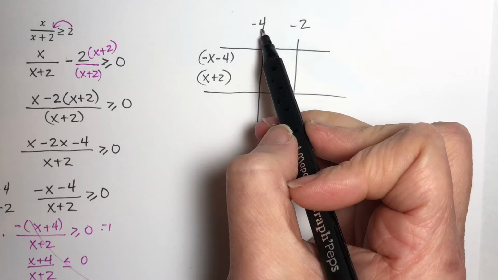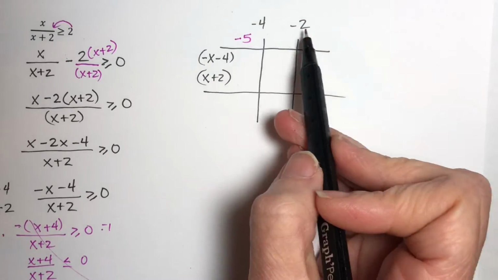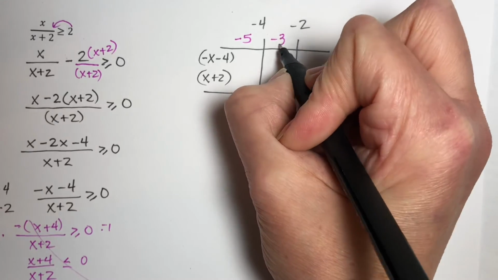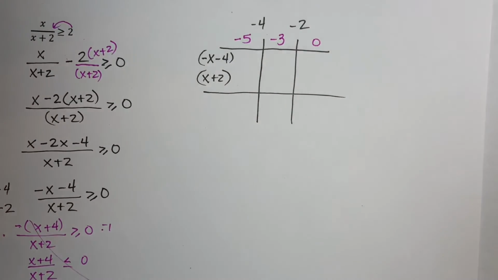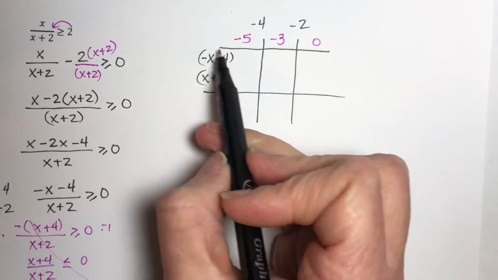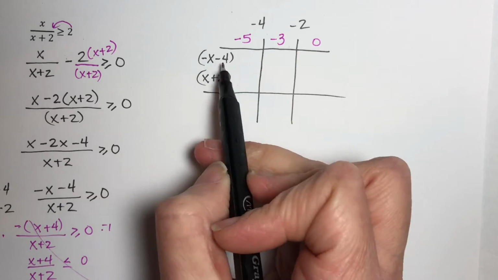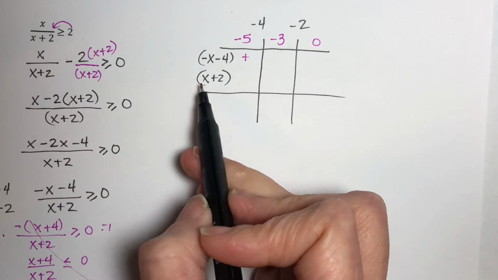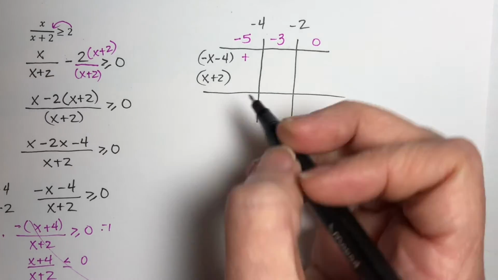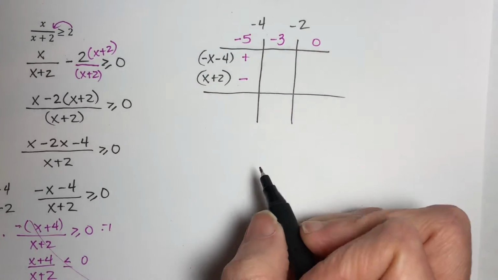A number smaller than negative 4 would be negative 5. Between negative 4 and negative 2, I can use negative 3. Larger than negative 2, I'll use 0. Be careful with this one. If I plug in a negative 5, that becomes positive 5 minus 4, so that's positive. Negative 5 plus 2 is negative.